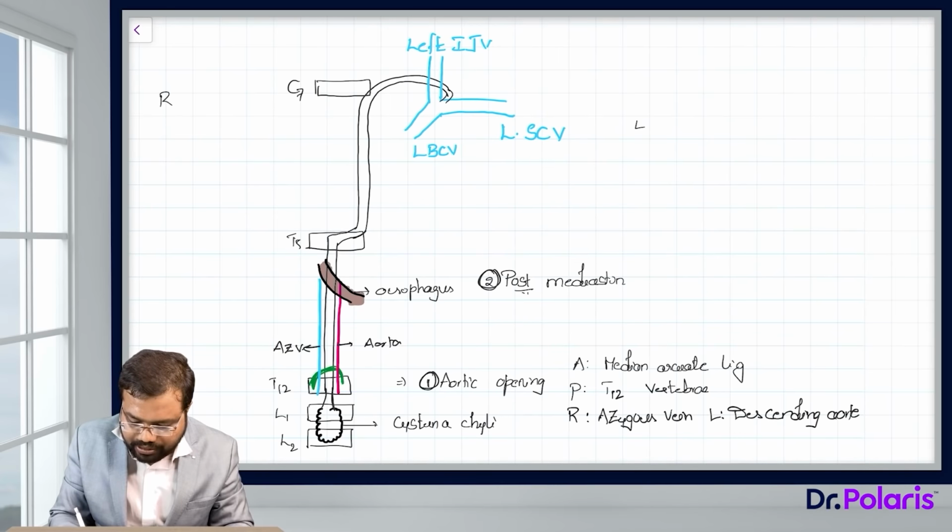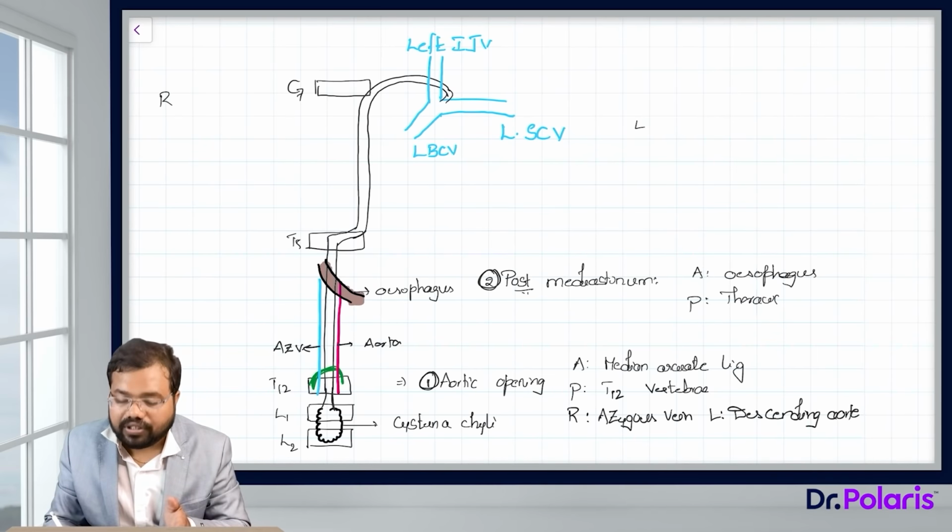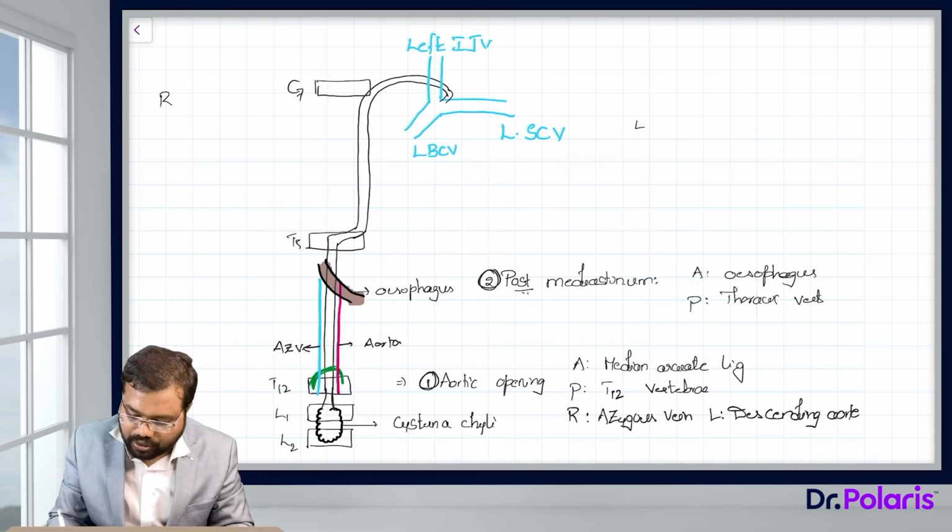In the posterior mediastinum, what are the boundaries? Anteriorly, we have the esophagus. Posteriorly, we have the thoracic vertebrae, because it is passing in front of all the vertebrae and intervertebral discs. So I'm writing here thoracic vertebrae. And towards the right side, we have the same azygous vein. And towards the left side, we have the descending aorta itself.